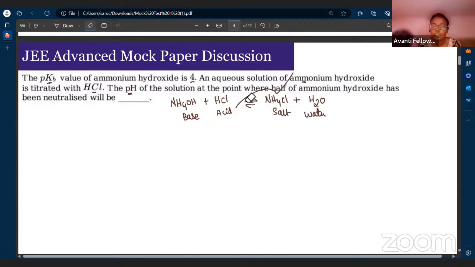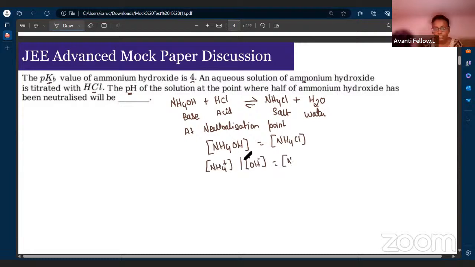So when you write a neutralization reaction, it is in equilibrium. At the neutralization point, the concentration of the base NH4OH will be equal to the concentration of the salt NH4+.